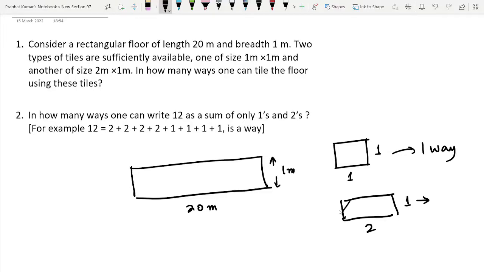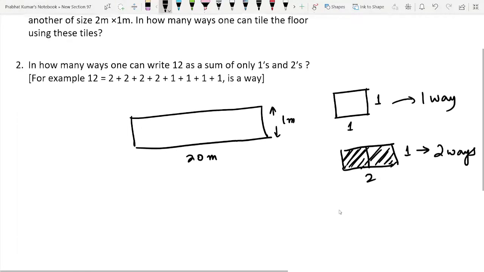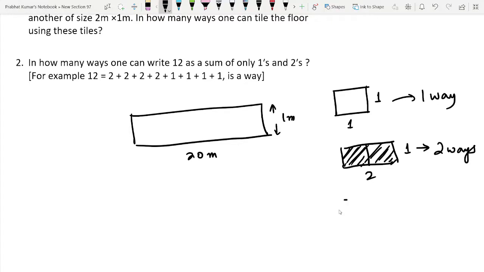One way is to use a complete 2 into 1 rectangular tile, and the second way is to use two 1 into 1 tiles side by side. So there are two ways to tile this floor.